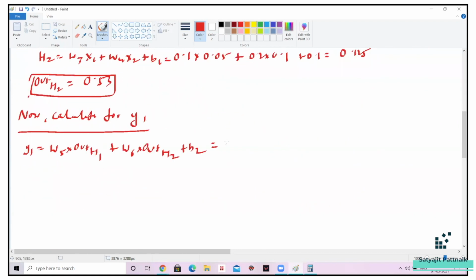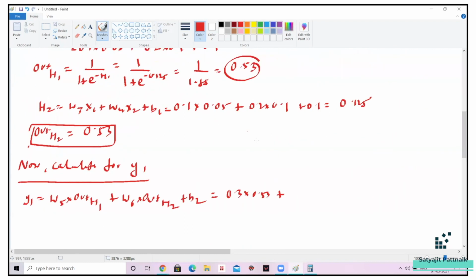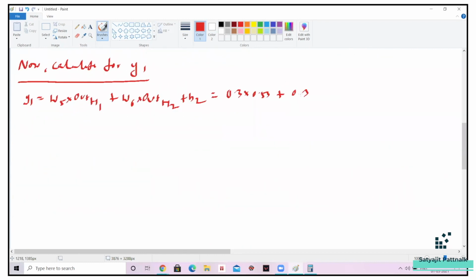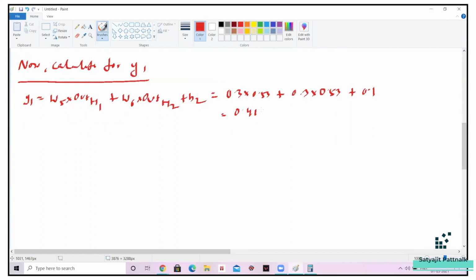W5 is 0.3. 0.3 multiplied with the output of H1, 0.53, plus W6 is 0.3 again. So 0.3 into 0.53, plus B2 is 0.1. So let's calculate 0.3 into 0.53, doing it twice because it's two values, plus 0.1. So 0.418, if I'm not wrong.